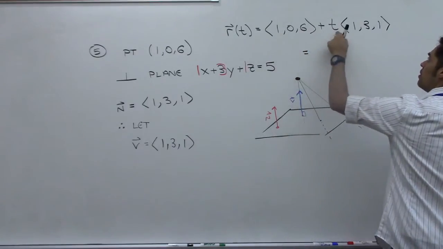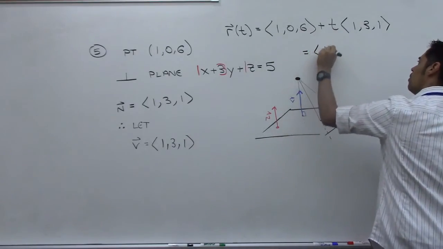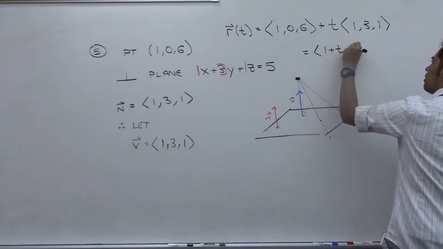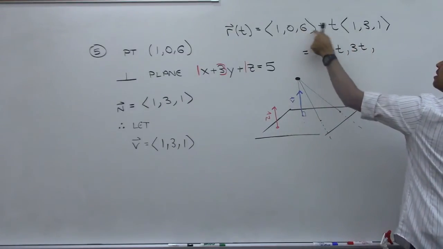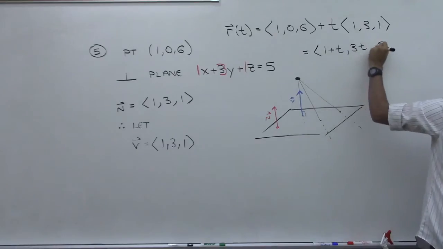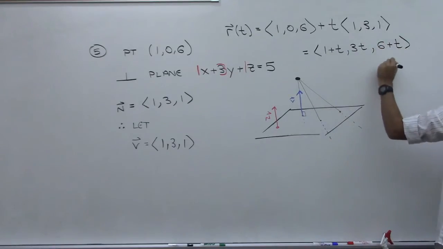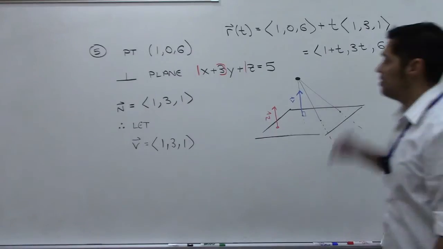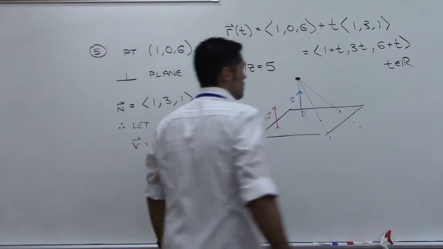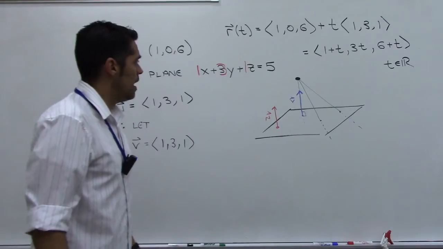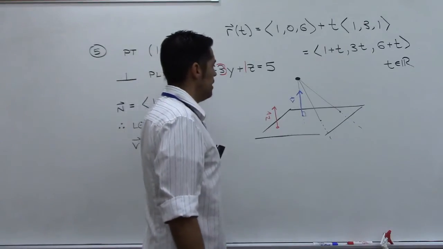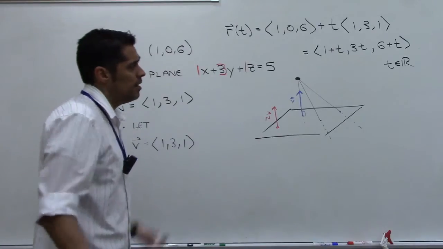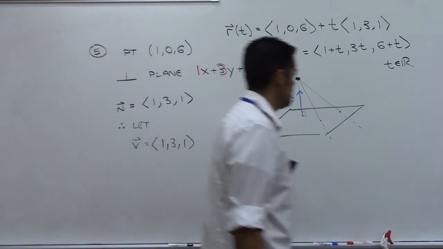So 1 plus t, 3t, and 6 plus t, where t is a real number. This is the vector equation of the line that runs through this point and is perpendicular to this plane.